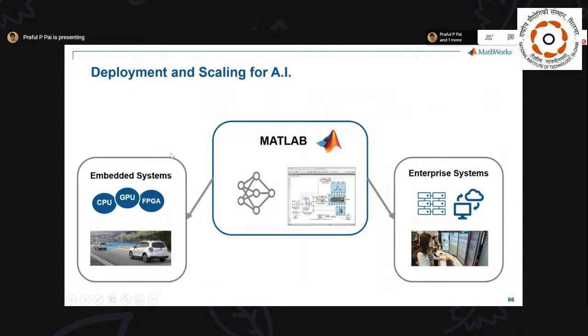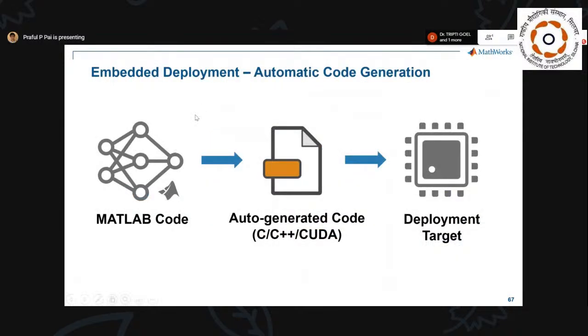All right. So you can easily deploy your machine learning and deep learning algorithms and have them scale for your particular application. You can do embedded deployment from your MATLAB code to C, C++, or CUDA code automatically, and deploy it onto your target hardware.